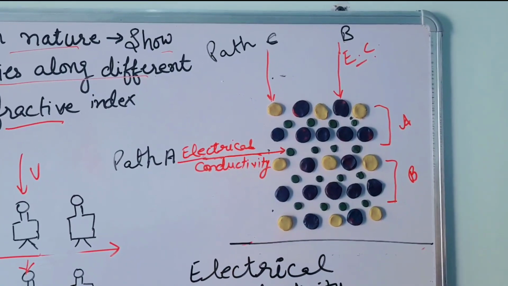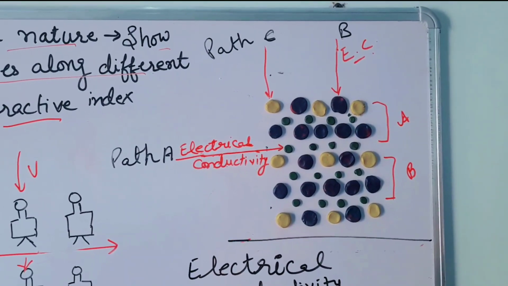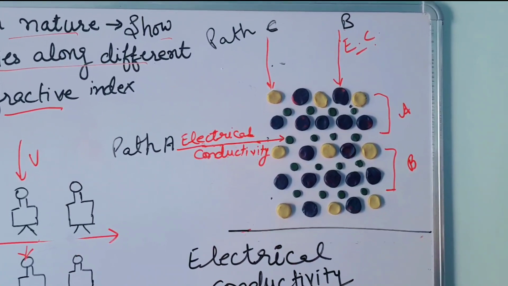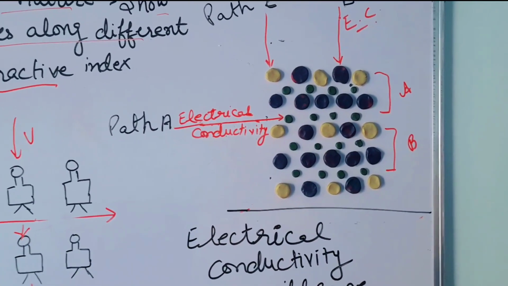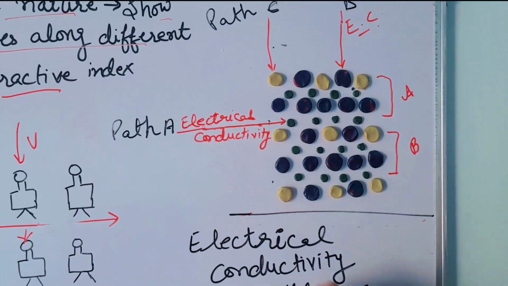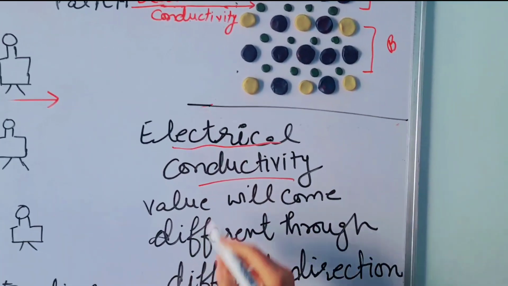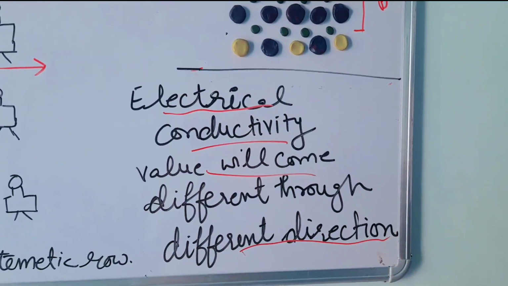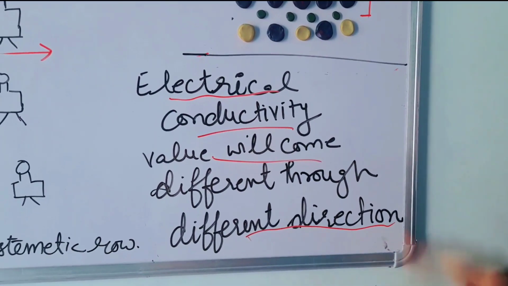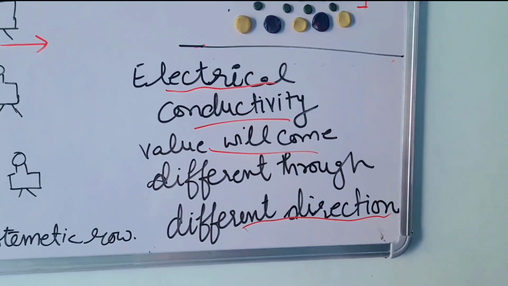It means that the speed of electricity will be different. So the electrical conductivity value will be different in different directions. I think you understand this concept also.